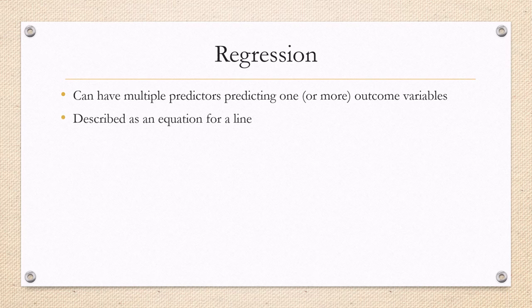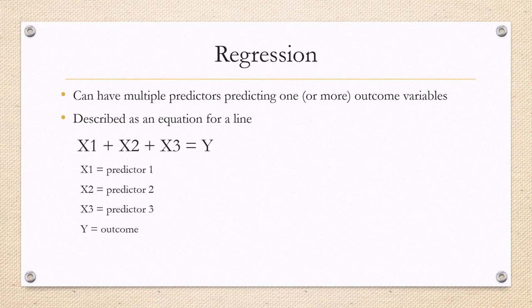Regression is finding the best fit line for the variables of interest and predicting the outcome variable. Because of this, we represent regression with an equation of a line, using a variable to represent each of our predictors and y as the outcome. So here we have predictor 1 represented as x1, predictor 2 as x2, and predictor 3 as x3.